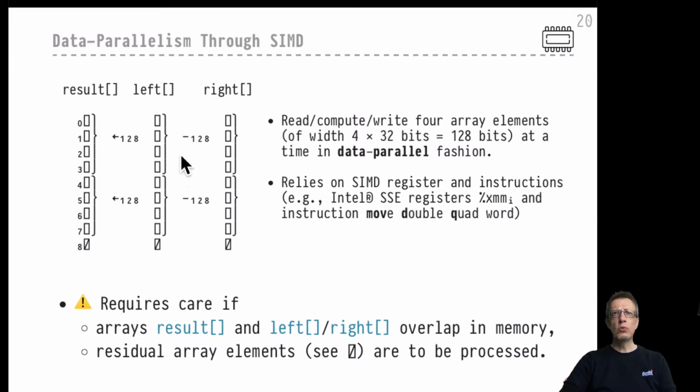Okay. In a data parallel view of things, in the data parallel SIMD instructions of the CPU, such an instruction would read up to 4 elements in the version of the SIMD instruction that we are looking at here. Actually, there are versions of the SIMD instructions which can read even more adjacent elements in one go. But let's assume 4 elements can be read in one go.